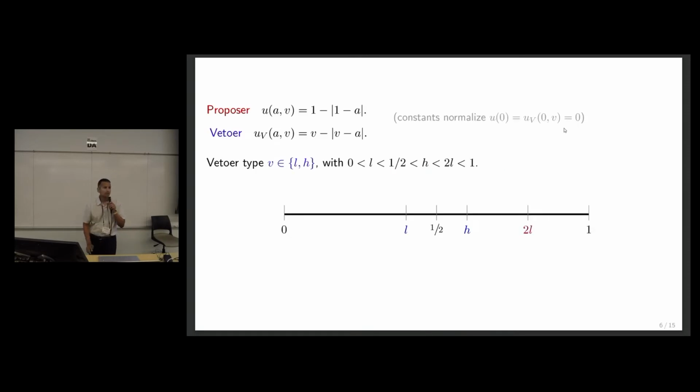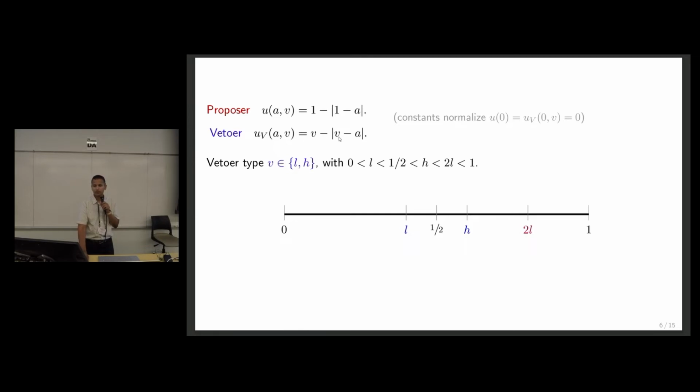Okay, so once again, here I have the proposer's utility. This is a typo, there shouldn't be a V here. The proposer's utility from an action is just the linear loss with respect to the ideal point of 1. I've just got this other constant here to normalize the utility so that the utility from the status quo is 0.